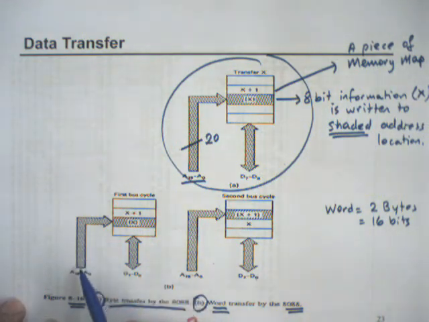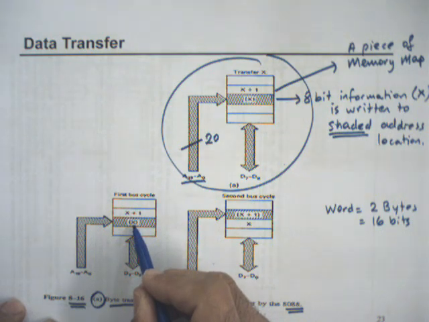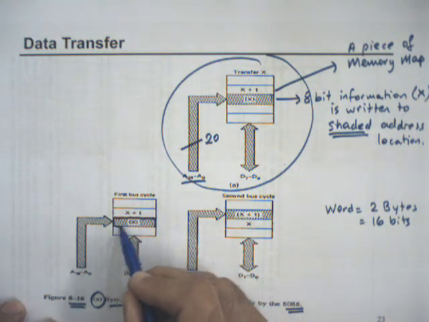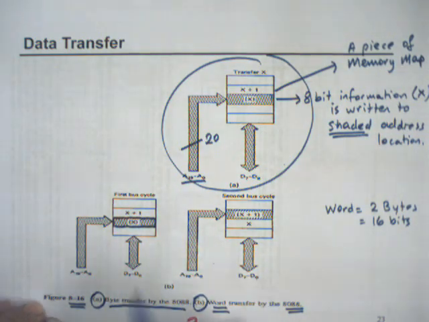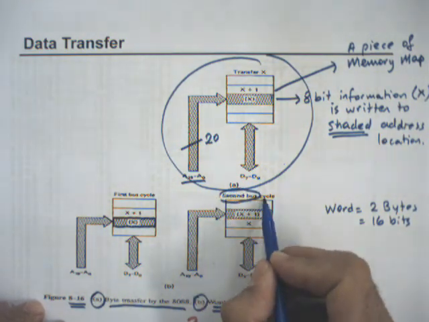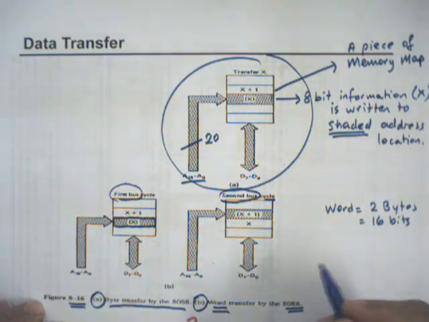So the first address is selected by address pins. Data is transferred at location X only. So the first byte is transferred to the first location. The next byte in the second bus cycle is transferred to the next location.